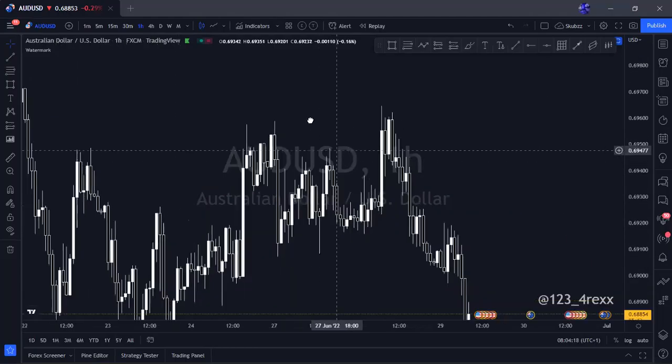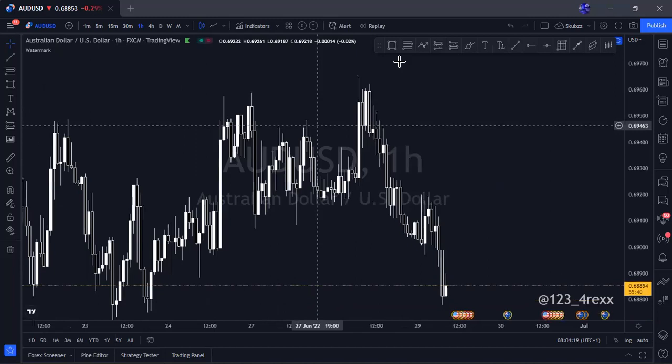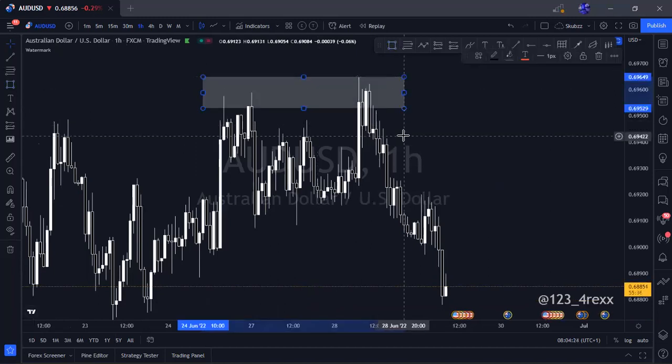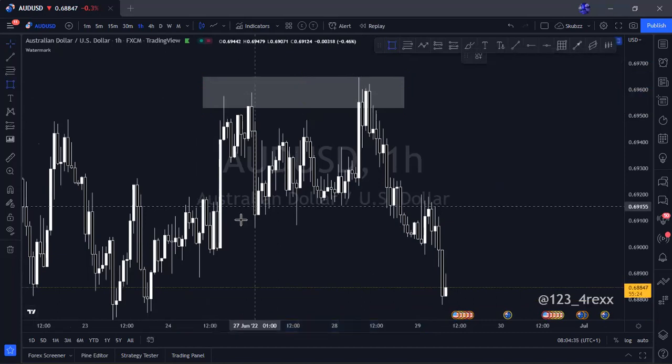So this is AUD USD. Yesterday we highlighted these highs here and said we'll wait for price to either break to the upside, or break below the lows around these levels.